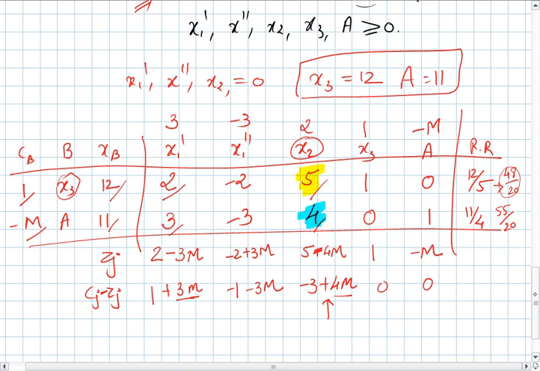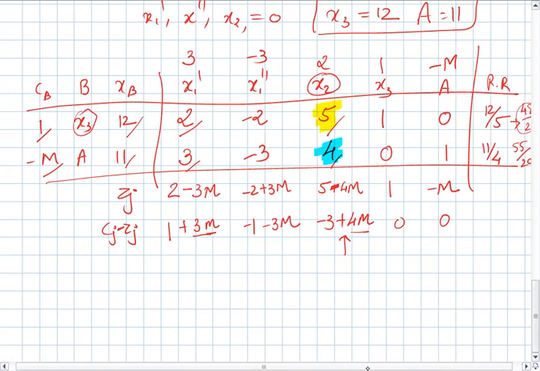First of all we have to make a table, so let's write xb, b, cb, x1', x1'', x2, x3 and a. Coefficients are 3, -3, 2, 1 and -M.